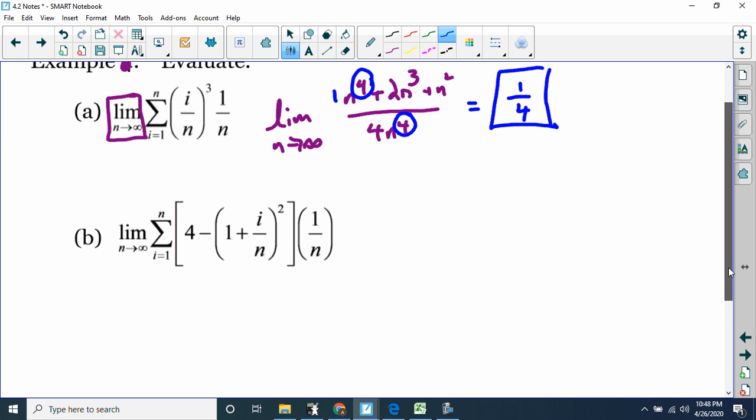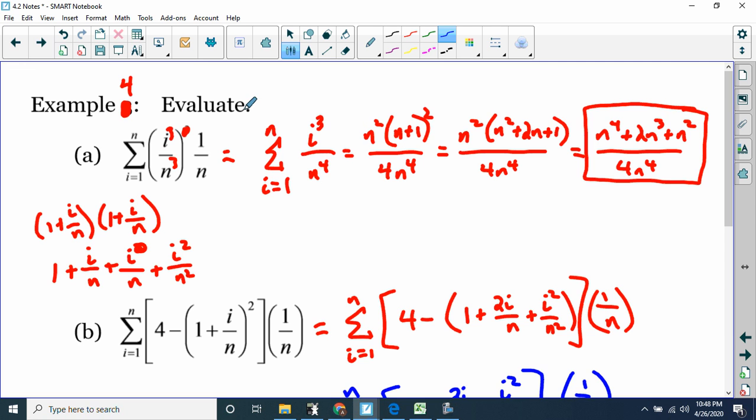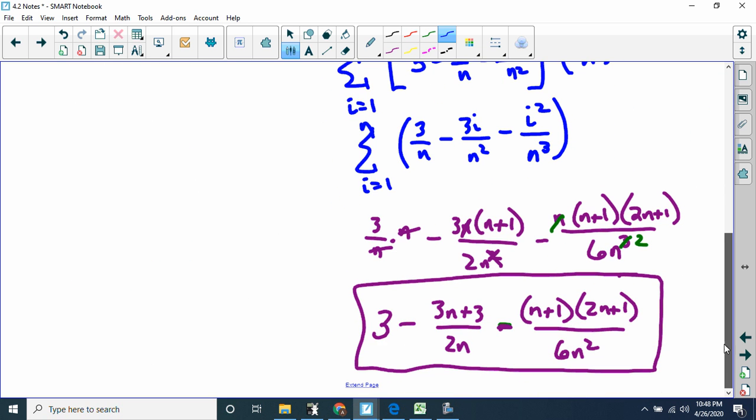This one, just like part B that we just did, again, we're taking this limit as n approaches infinity. So the first thing you would do is all that work that we did in the previous example. And that got us down to this guy right here.